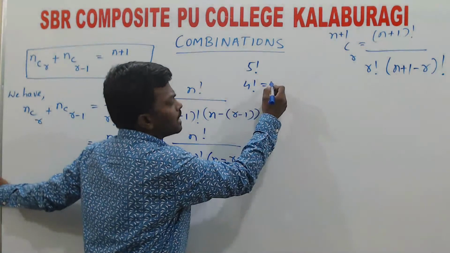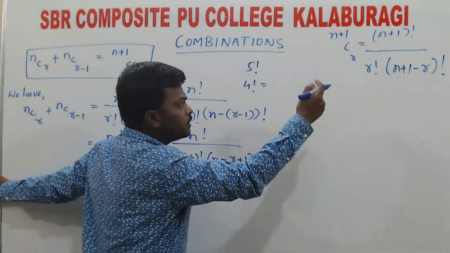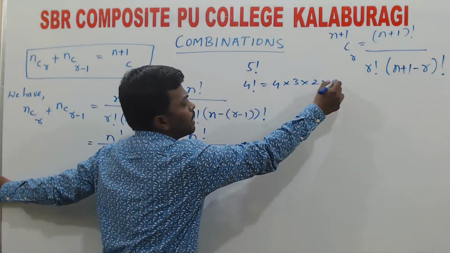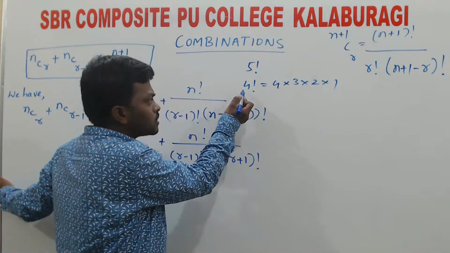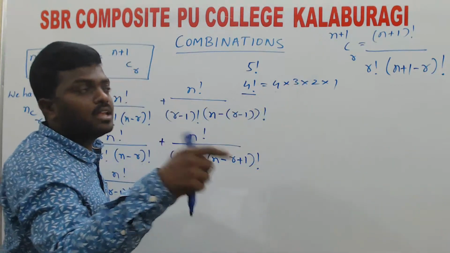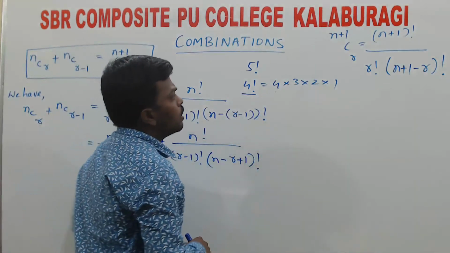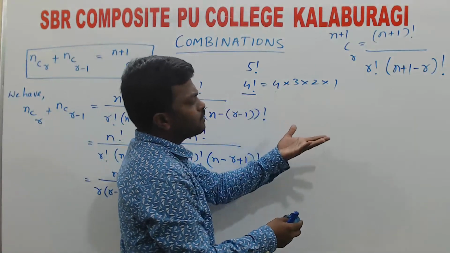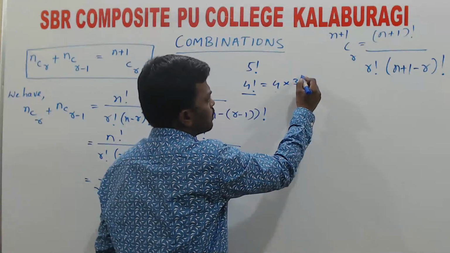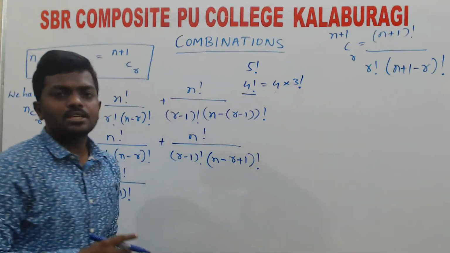So 4 factorial means 1 into 2 into 3 into 4, but I'll write it as 4 into 3 into 2 into 1, both are one and the same. 4 factorial starts with 4 and keeps on reducing by 1 till 1. Sometimes for the problems you may require it in this manner also. So can I say 4 factorial is 4 into 3 factorial?